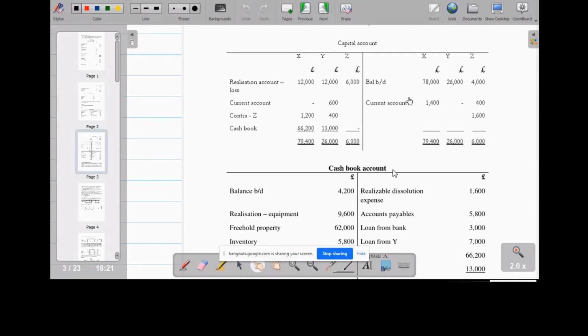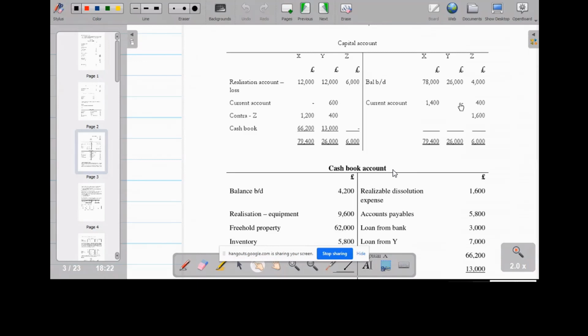Then the current accounts: partner X at 1,400. Partner Y is at a deficit, that is why it is debited here, a negative debit balance of 600. Then partner Z is 600.